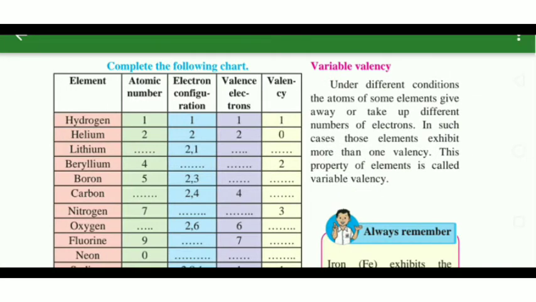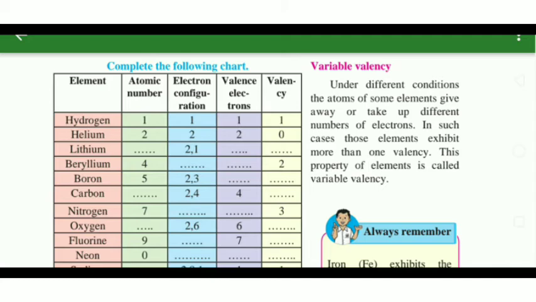As we go on page number 54, as we have studied about variable valency, under different conditions, the atoms of some elements give away or take up different numbers of electrons. In such cases, those elements exhibit more than one valency.